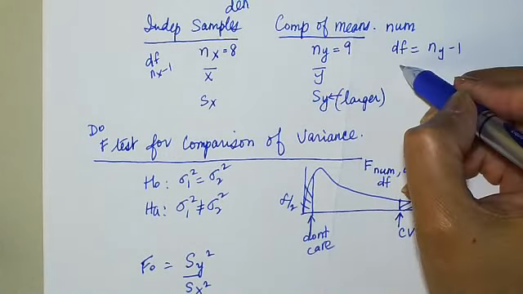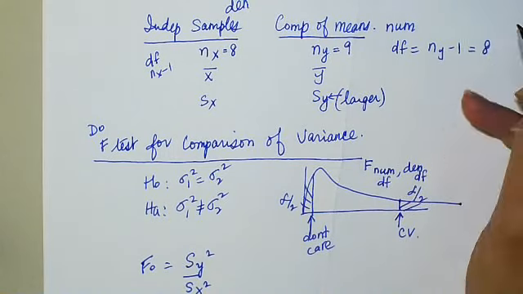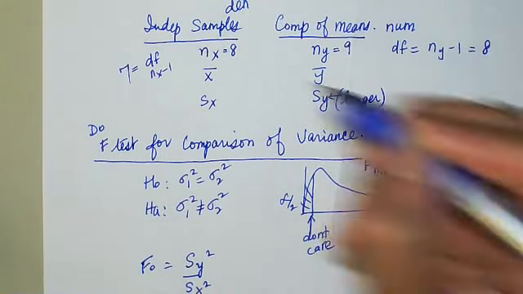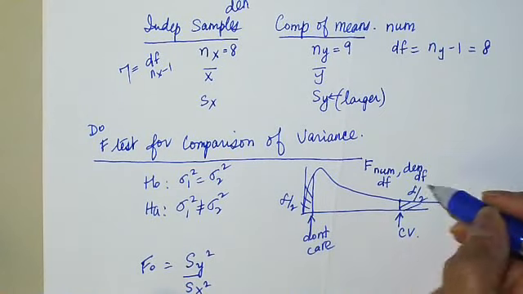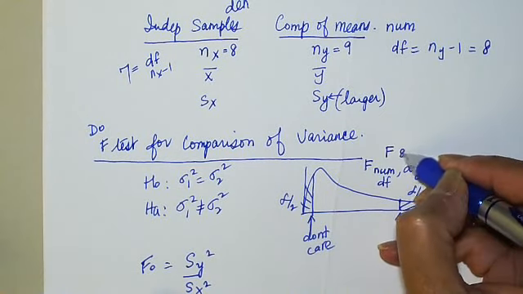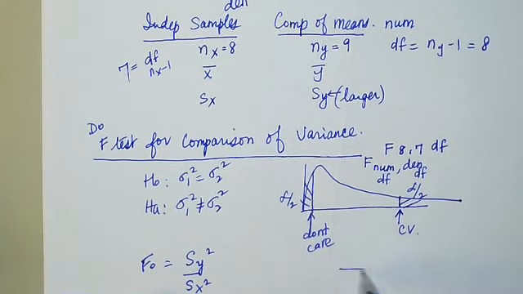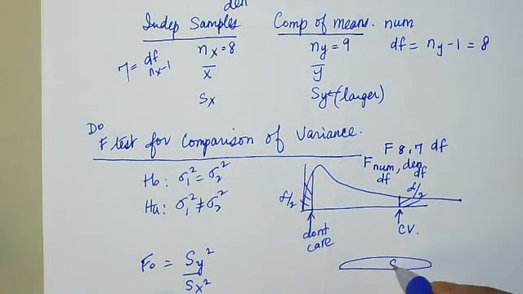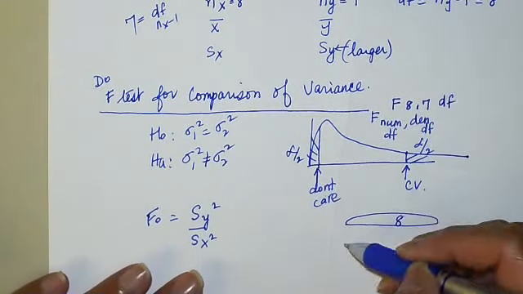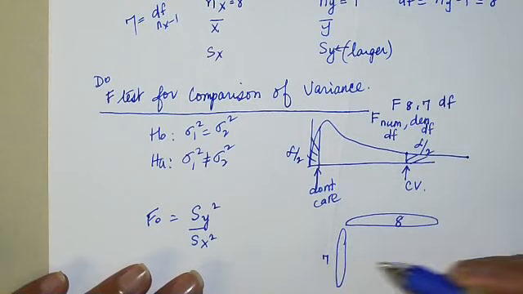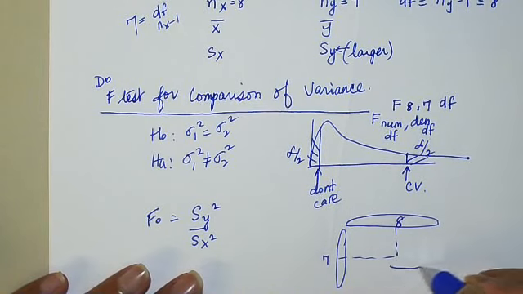So the test statistic f naught is equal to sy squared over sx squared, and you make sure that you take the numerator degrees of freedom and the denominator degrees of freedom in that order. So let's make up some numbers so we can see. Let's say that this n is 9 and this n is 8.